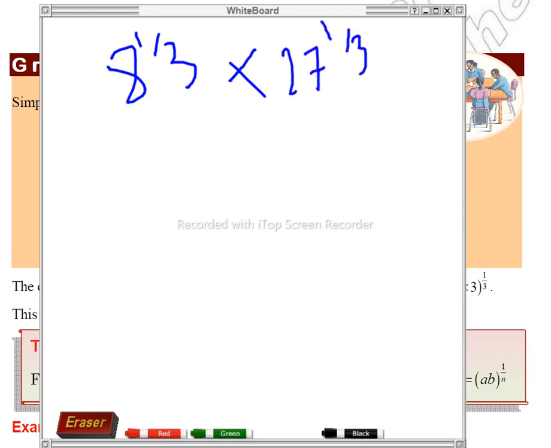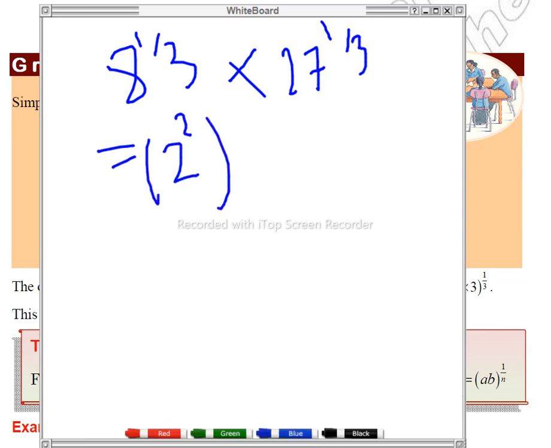We can do it in many ways. The first method: 8 means 2 to the power of 3.